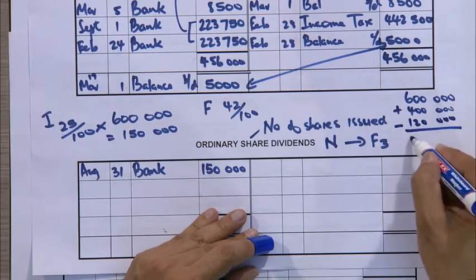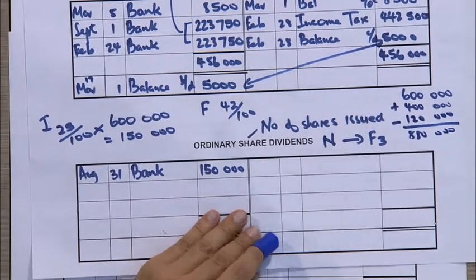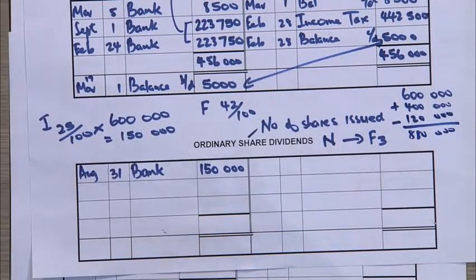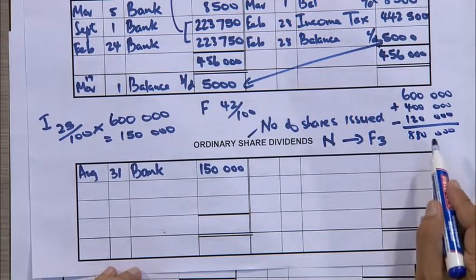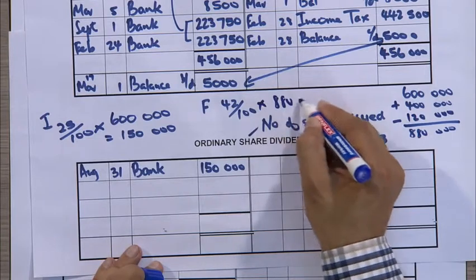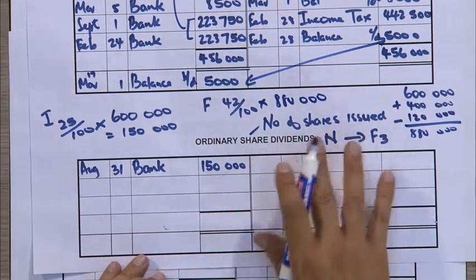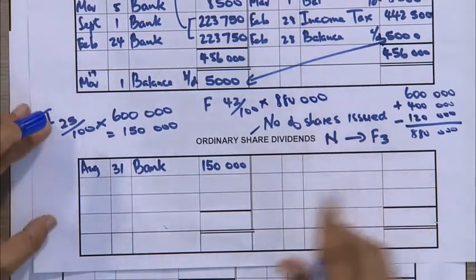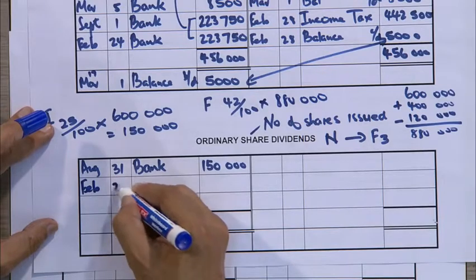So now they have 880,000 shares. Only the shareholders on record, which means 880,000 times 42 cents, will get dividends. But we're not paying them, we're only declaring, which means we still owe the shareholders for dividends.